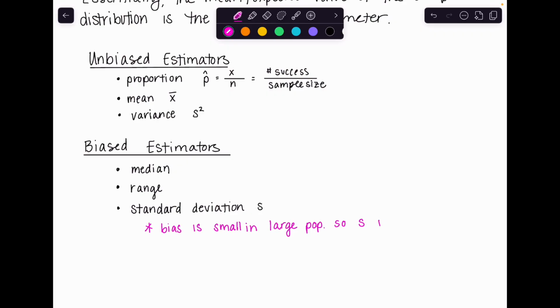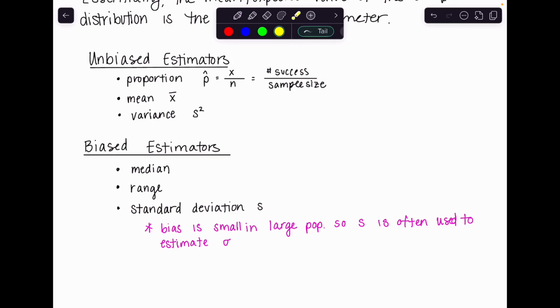So S is often used to estimate the true standard deviation, sigma. So again, if you're working with a data set of 1 million individuals, when you go ahead and do a ton of samples from that, you can find the standard deviation of that sample to estimate the true standard deviation. That bias is going to be pretty insignificant, okay?